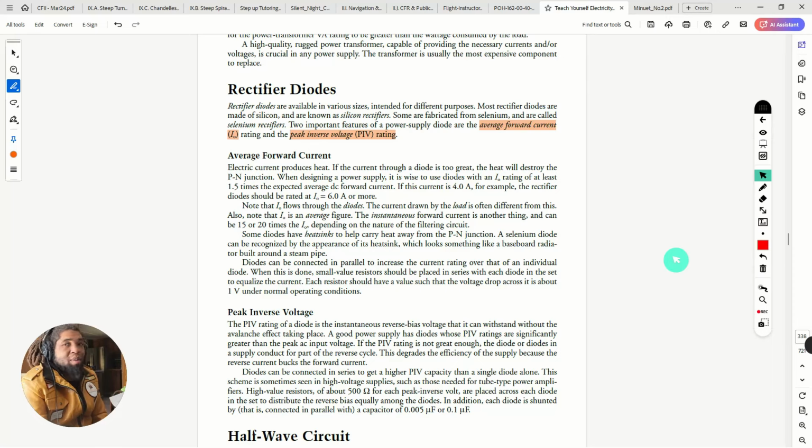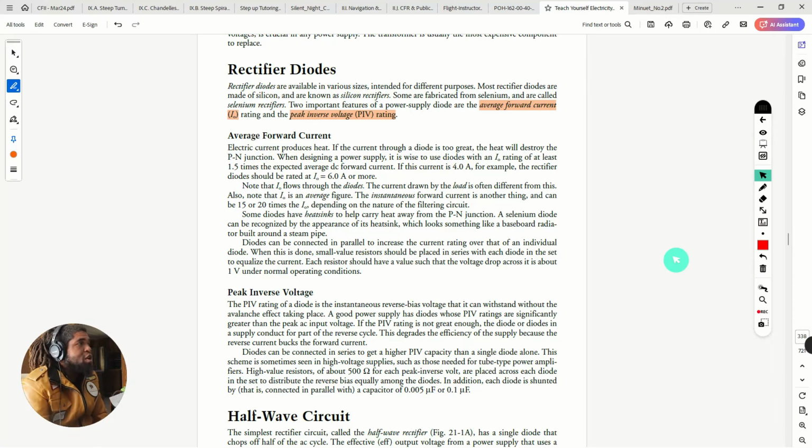Let's highlight that. And we'll talk a little bit more about that. He's going to get into it a little bit more, and that's one of the terms I want to cover with you. So let's go into the average forward current. Electrical current produces heat. If the heat through a diode is great, the heat will destroy the PN junction. So you can basically destroy the diode if there's too much heat.